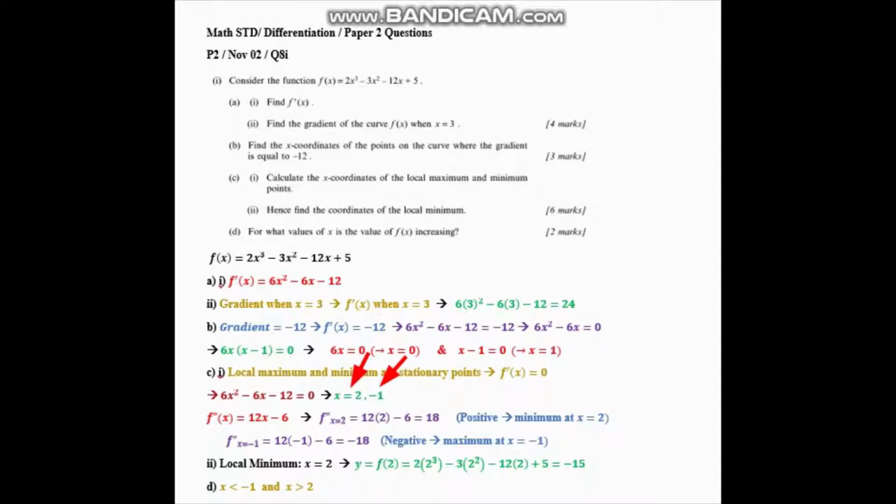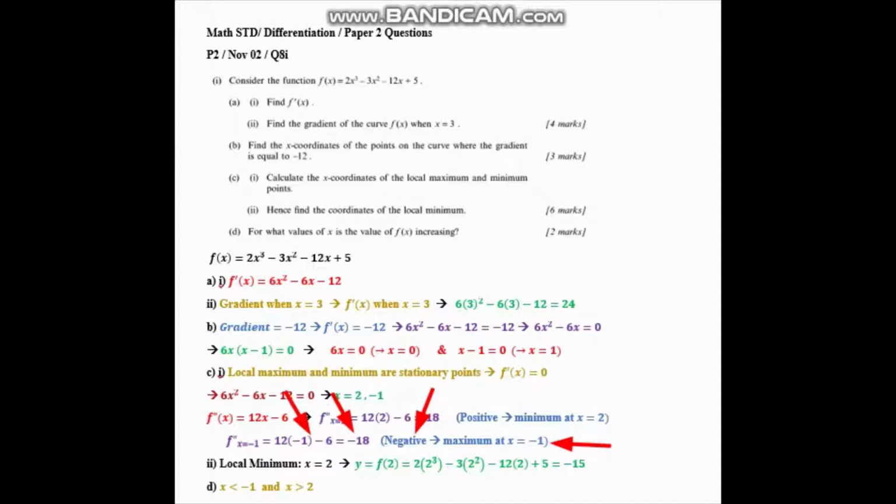So when x equals 2, f double dash equals 12 times 2 minus 6, which is 18. So when x equals 2, f double dash is positive. Hence, there is a minimum point at x equals 2. When x equals negative 1, I've evaluated f double dash to be negative 18. So when x equals negative 1, f double dash is negative. Hence, there is a maximum point.